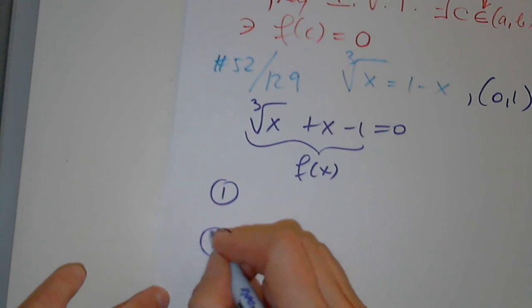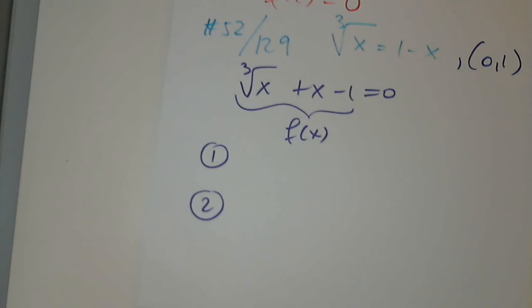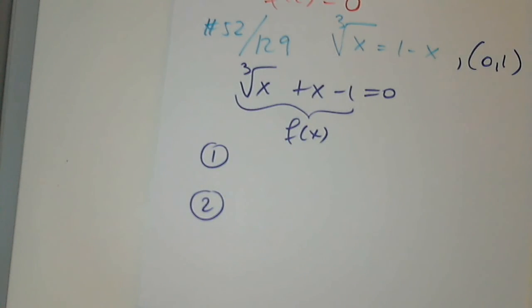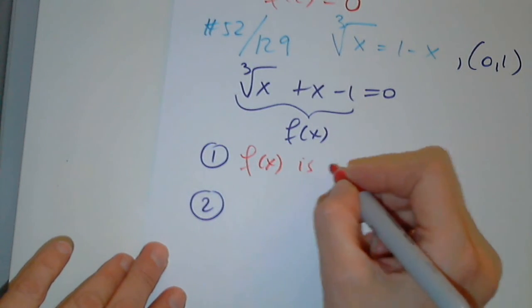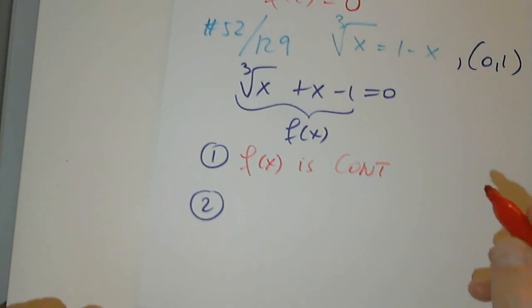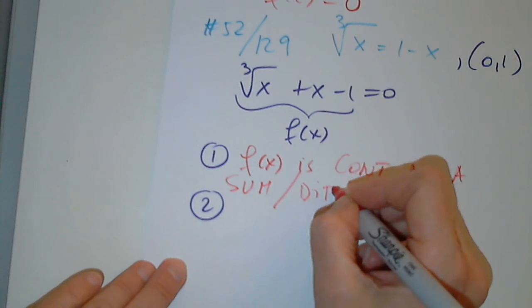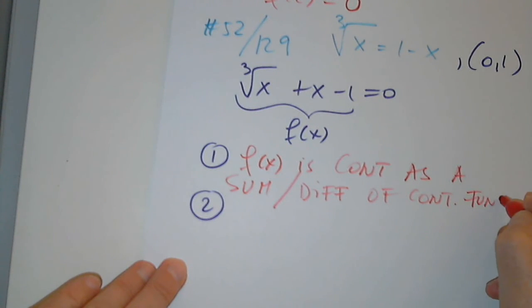Two hypotheses. The first hypothesis is: is this function continuous? Yes, the function is defined everywhere, continuous everywhere, but I have to write that. And why? f of x is continuous, at least on [0, 1], but it's continuous more than that, as a sum or difference of continuous functions.